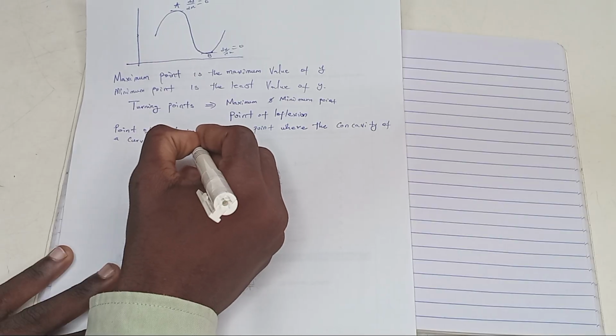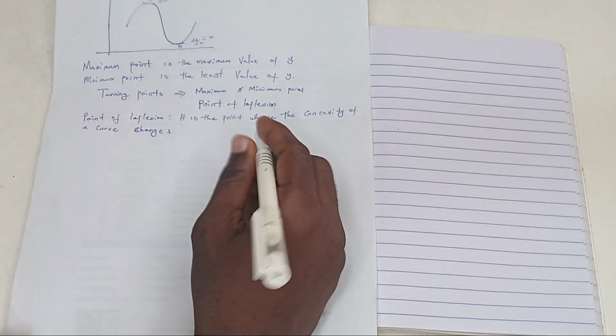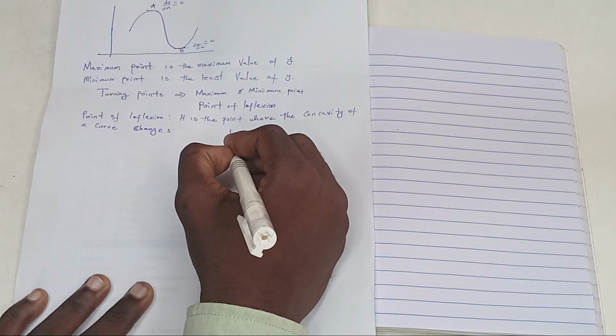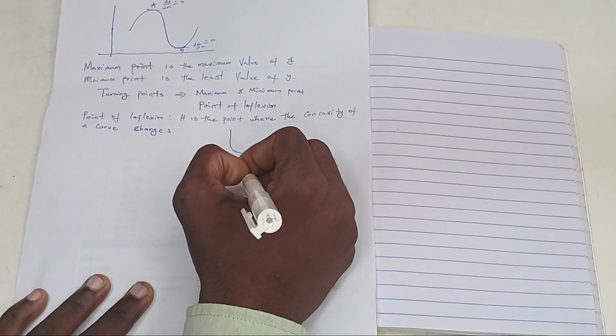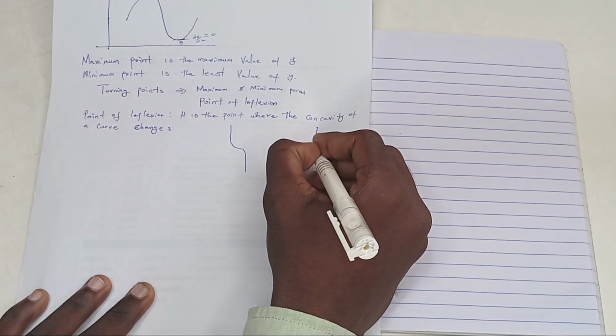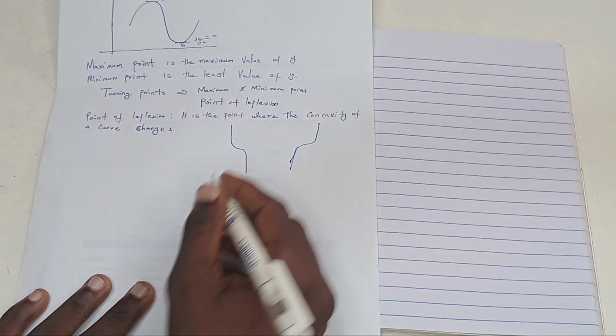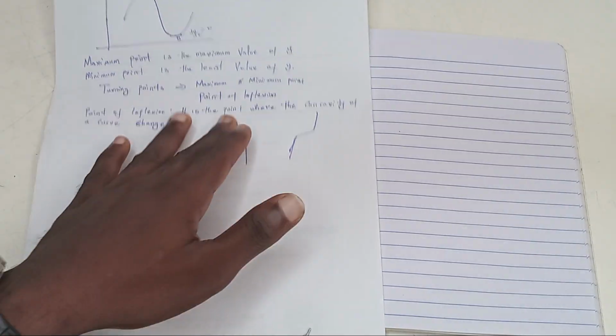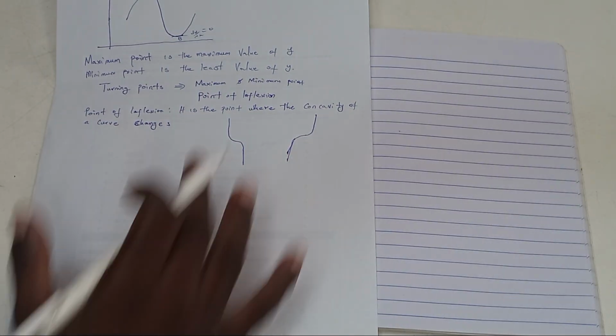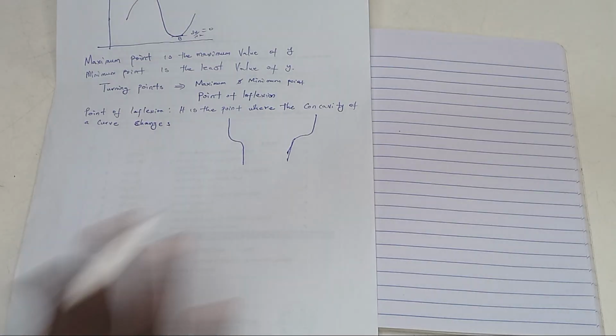So you have curves like this. These are how polynomials with a point of inflection look like. Their curves look like this kind of format.